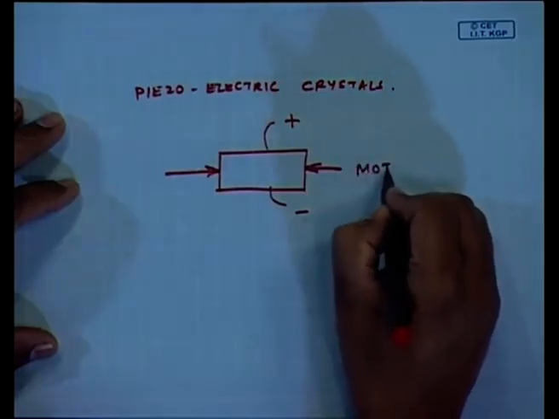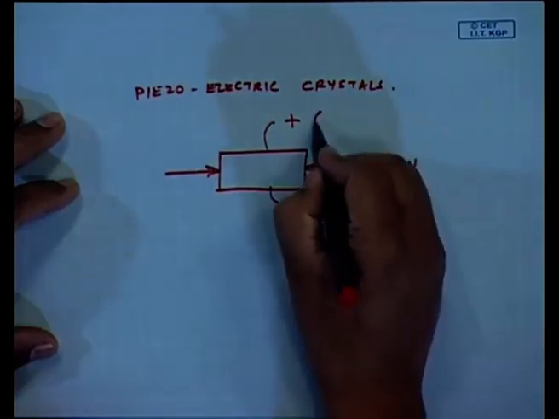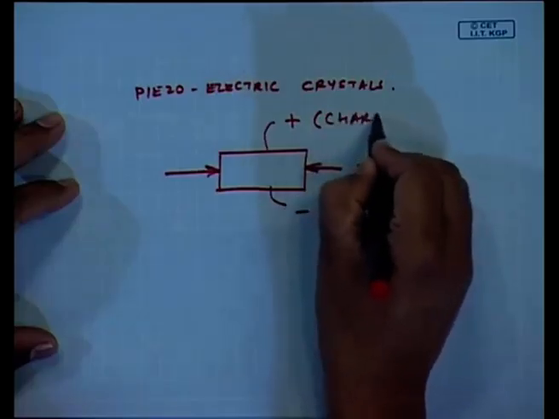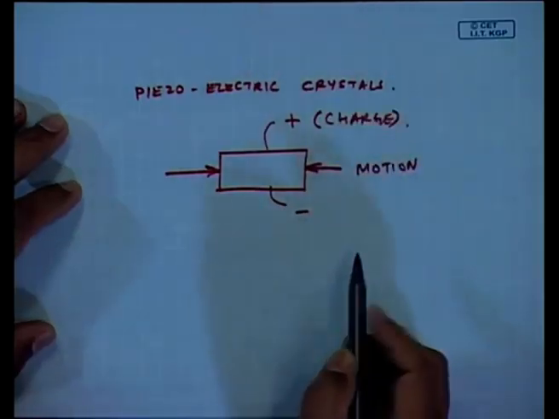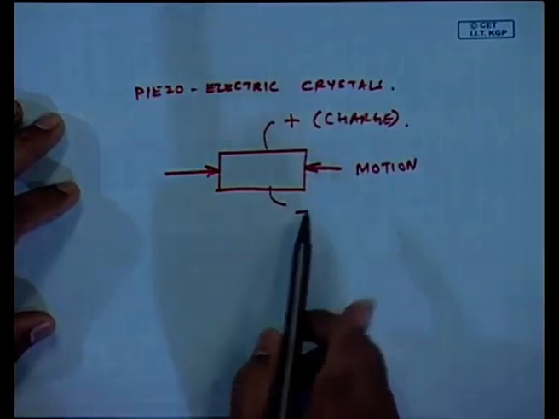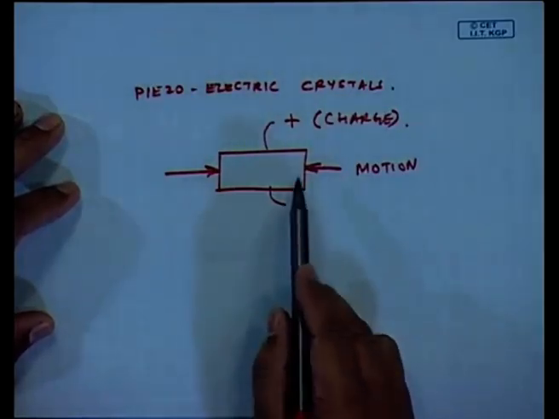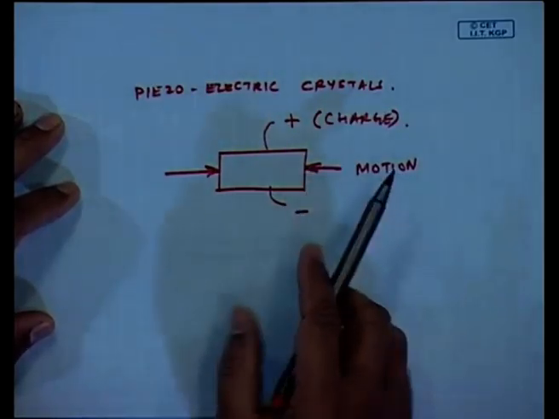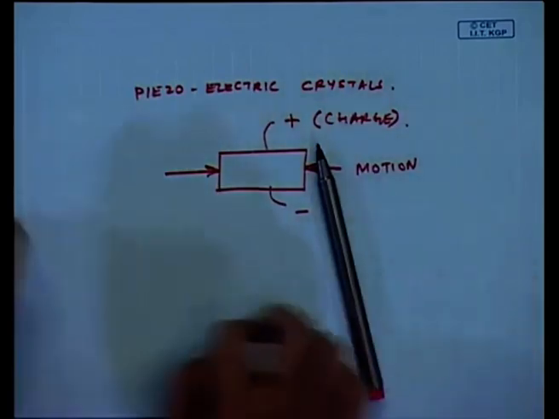I will put a generic motion and charge, and it is in a particular direction. So, they give the highest amount of charge when loaded or unloaded in a particular direction. That is the most sensitive axis of these piezoelectric crystals. So, they are anisotropic, they have a directional feature.